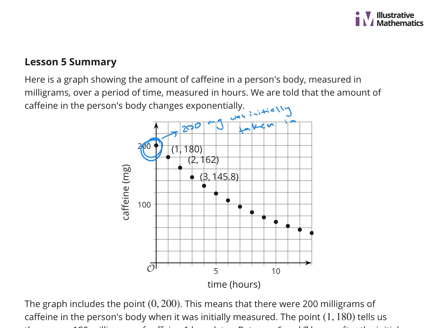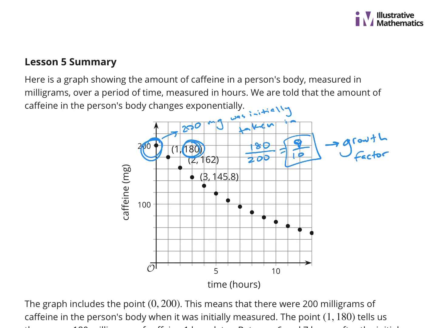The growth factor we would calculate by taking how much is in the body after an hour and setting it to a fraction. So in this case, we would do 180 over 200, which is 9/10, popular fraction today. So in this case, our growth factor, or you could say decay factor if you want, would be 9/10.